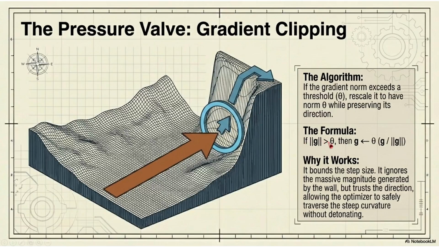So why does this work? Because it ignores the massive, explosive magnitude generated by the wall, but it completely trusts the direction. By bounding the step size, it allows the optimizer to safely traverse steep curvature without detonating in the long run.